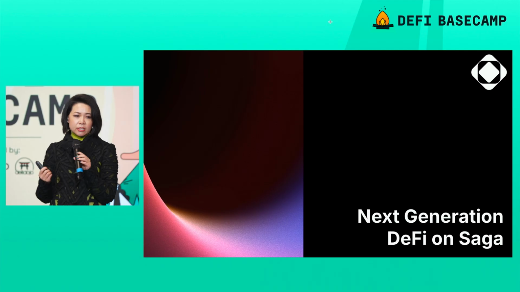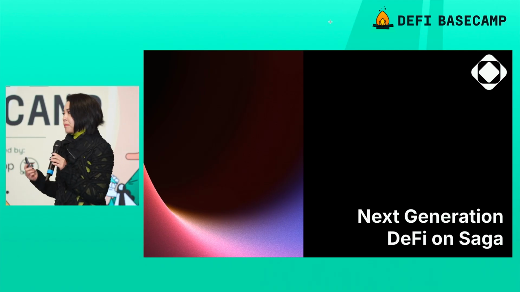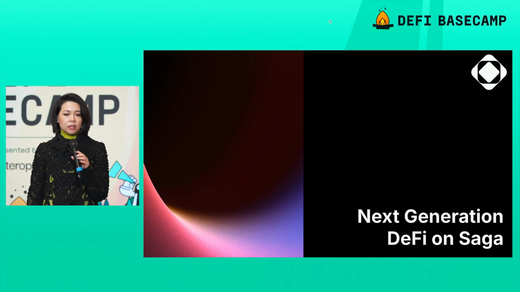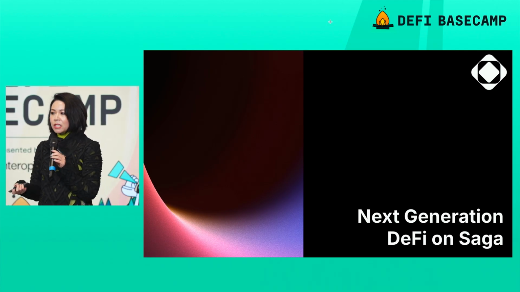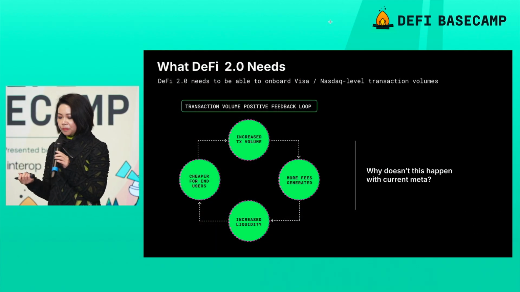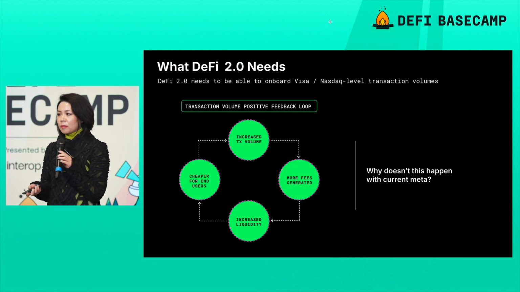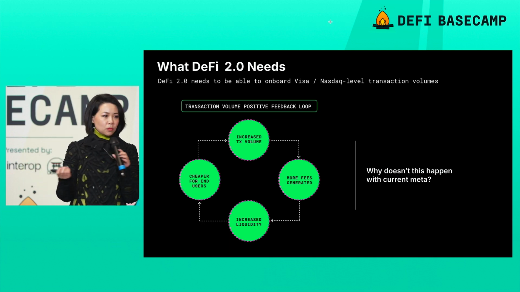So next generation DeFi on Saga. We talked about infinite scalability. We have talked about the gasless experience. We have talked about liquidity integration. So what does that mean? So DeFi 2.0, how we think about it is, for people in the audience, we're all DeFi people.